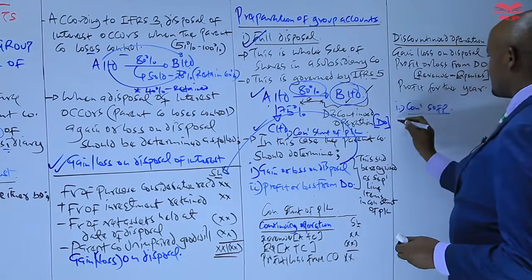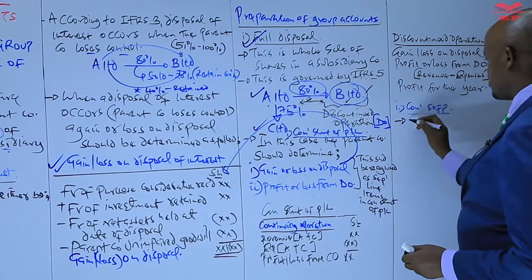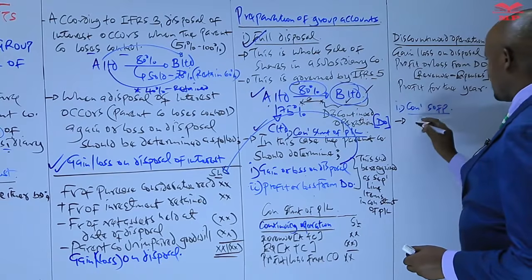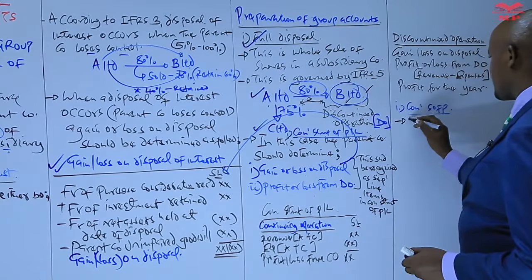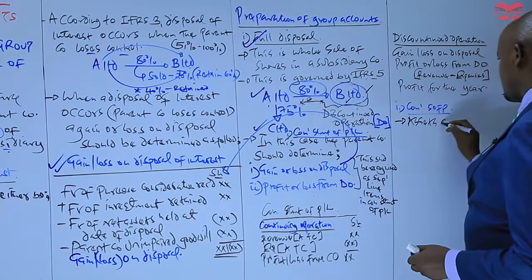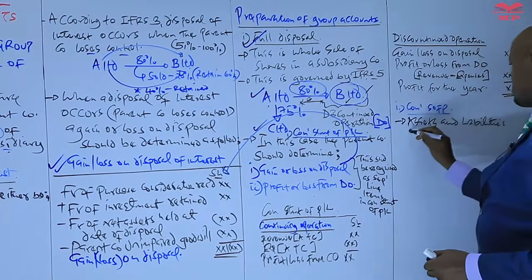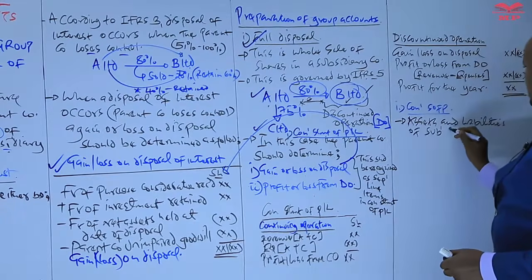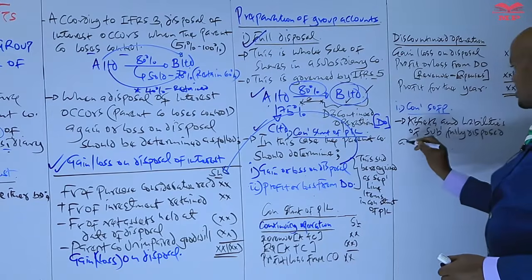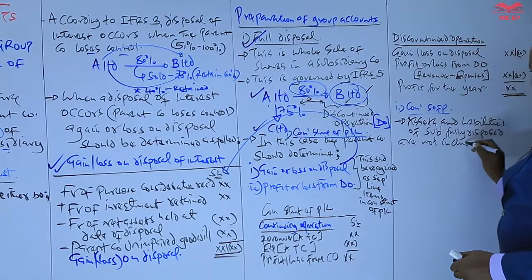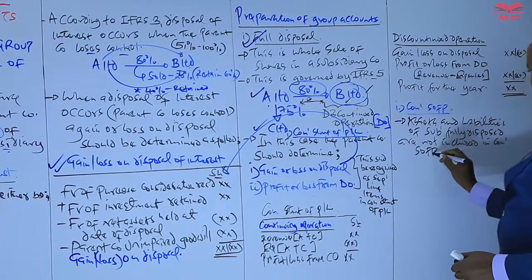So therefore, you can say that when preparing this consolidated statement of financial position, there will be no NCI, or basically we can say assets and liabilities of subsidiary fully disposed are not included in consolidated statement of financial position.